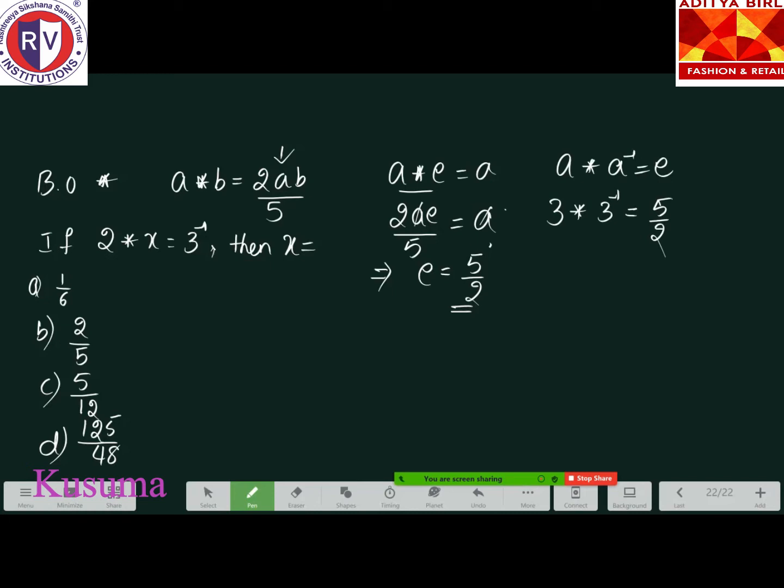Let us apply the definition of A star B. This is 2 into 3 into 3 inverse divided by 5 is equal to 5 by 2. That is, 6 into 3 inverse divided by 5 is 5 by 2, so 3 inverse is 25 by 12.